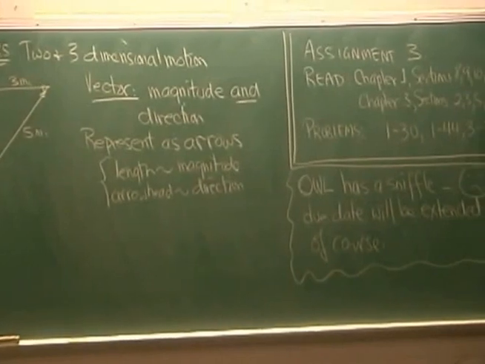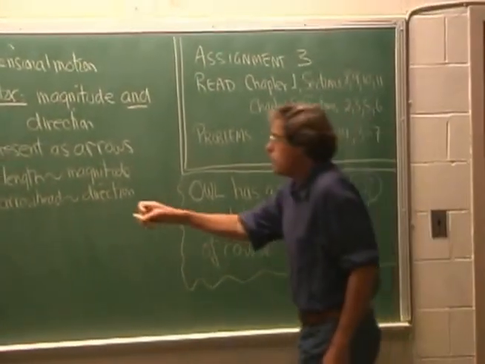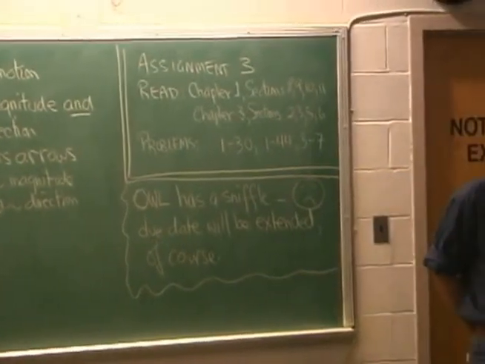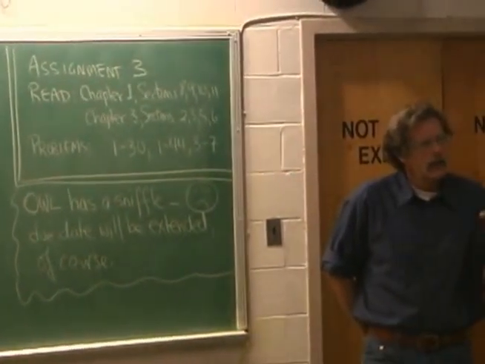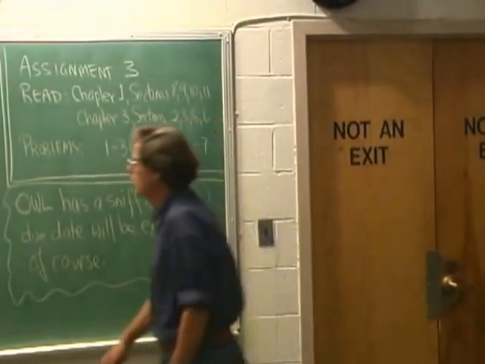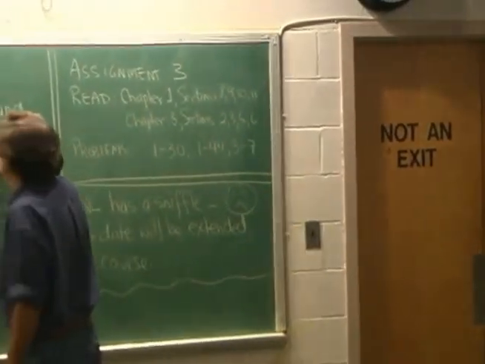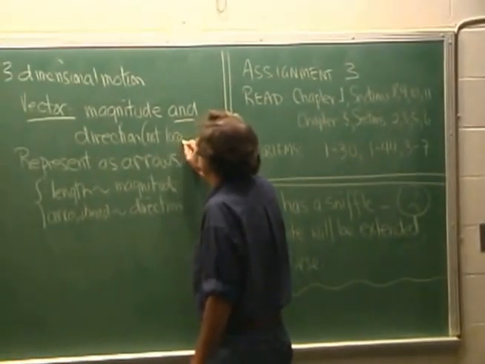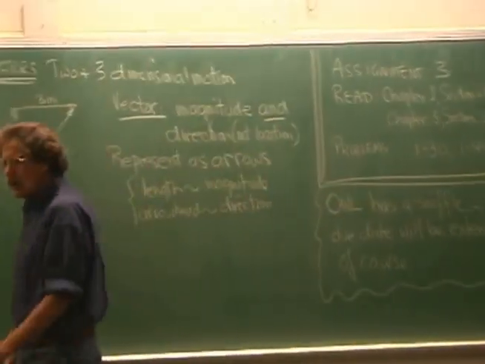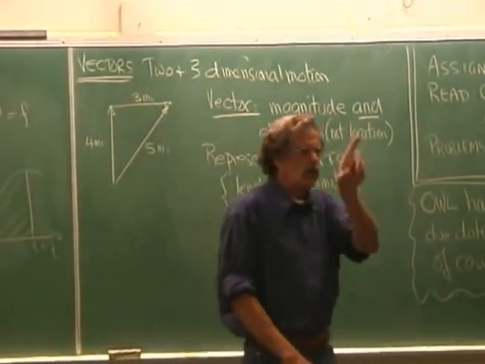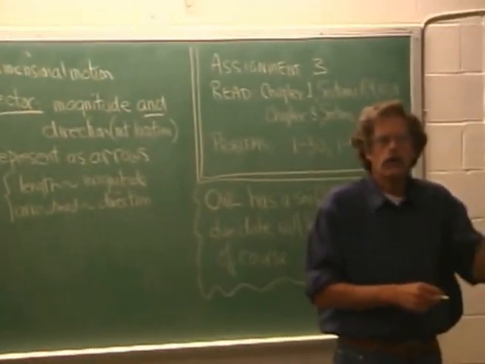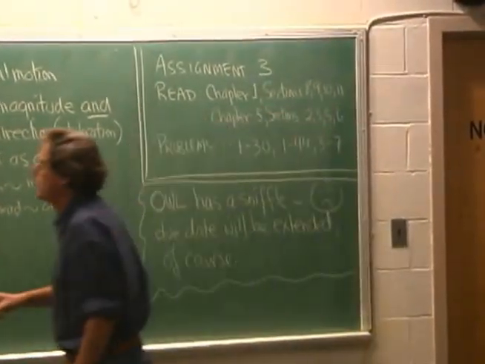Oh, by the way, vectors have magnitude and direction, but they do not have location. What does that mean? You're allowed to slide a vector around as much as you want, provided that you never stretch it and you don't rotate it. It's still the same vector.